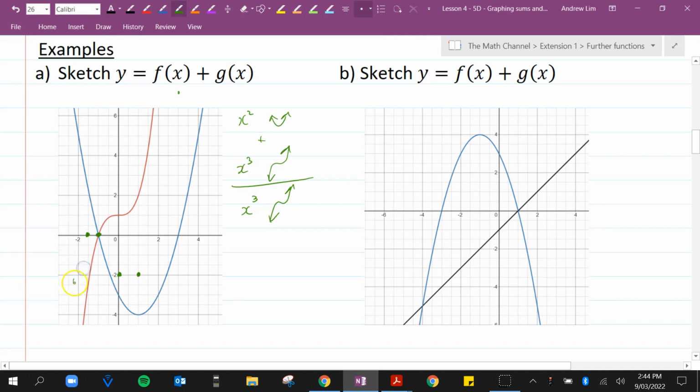We've got something like this. It's going to go through here, come back up, and then reach somewhere way up there. And that should be enough. Alright, so pause the video, have a go with question B.